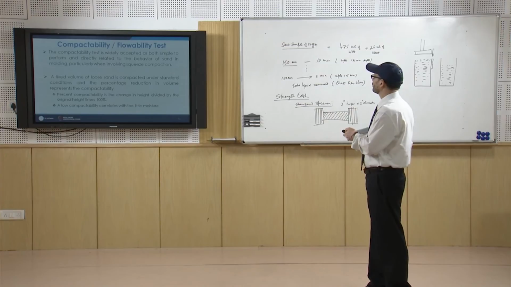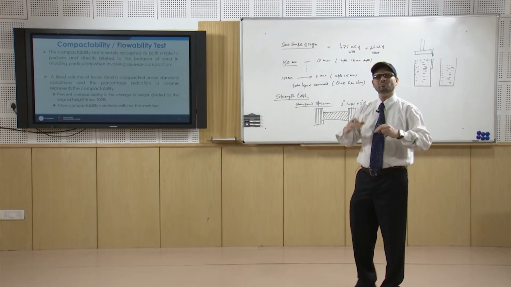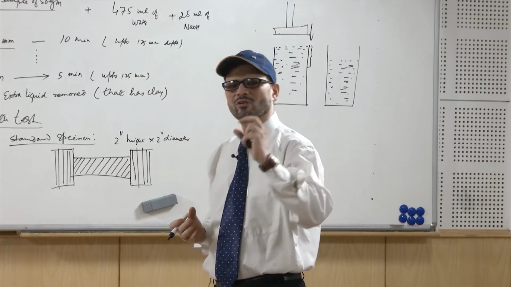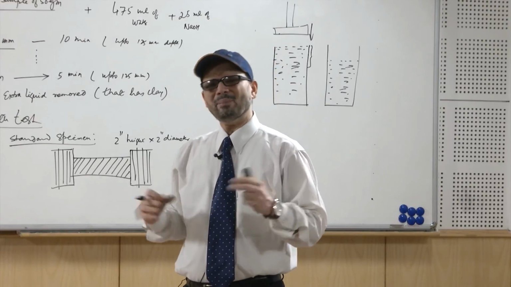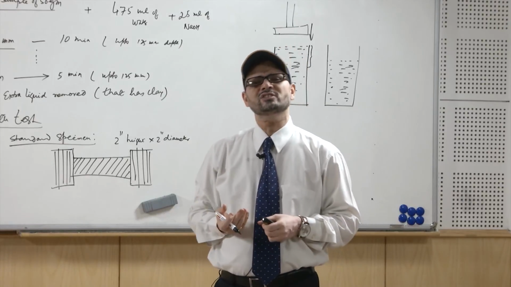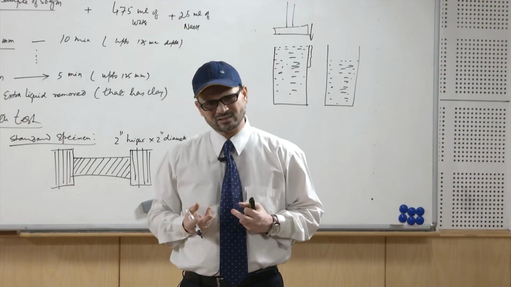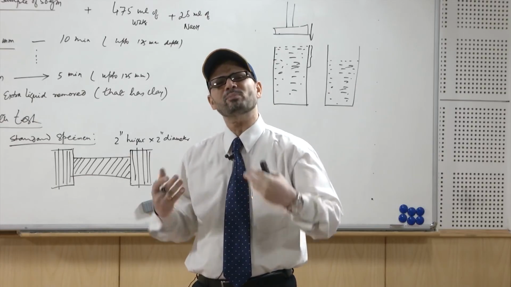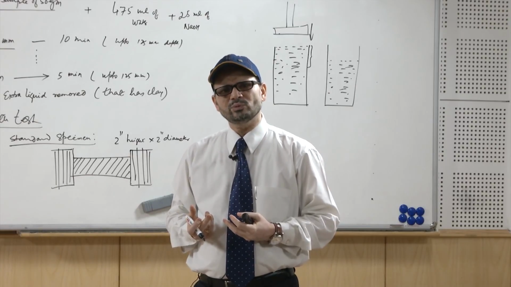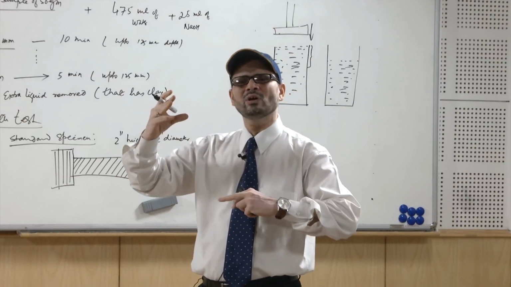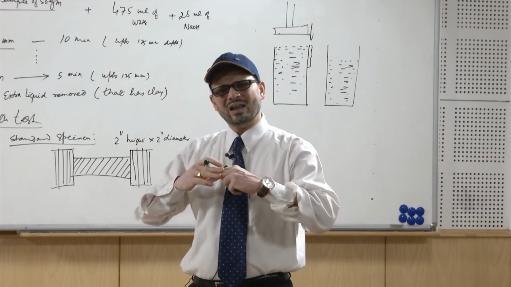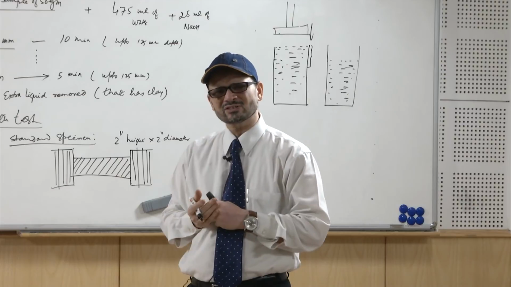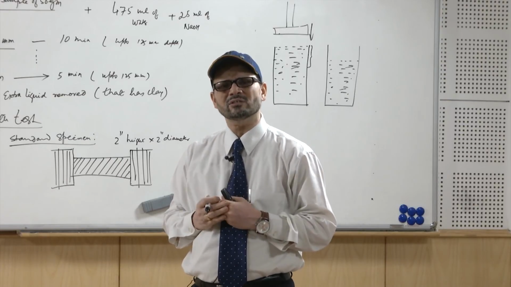A low compactability correlates with too little moisture. So, if the moisture is more, compactability will be more, and if the moisture is less, then compactability will be less. Apart from that, you have other tests like the loss of ignition test. That is basically indicative of how much combustible product there is, in which you are heating up to about 1000 degrees C for a large amount of time, so that the weight remains constant, and then the difference will be the loss of ignition.